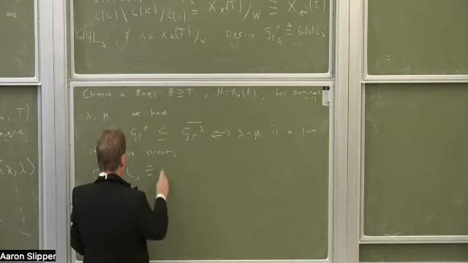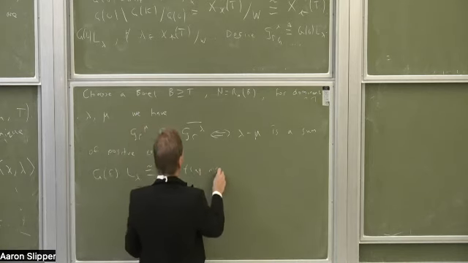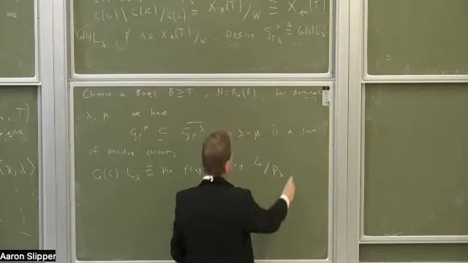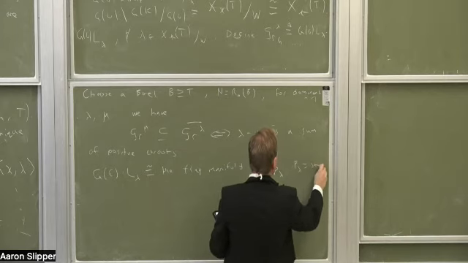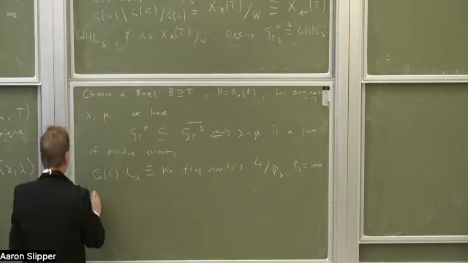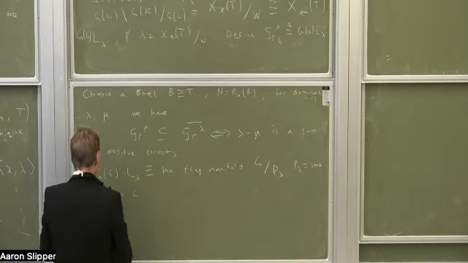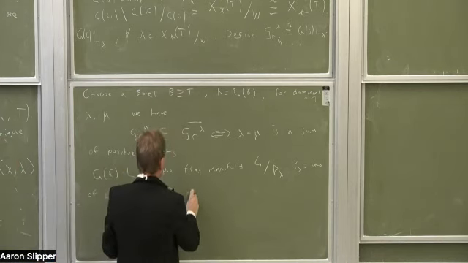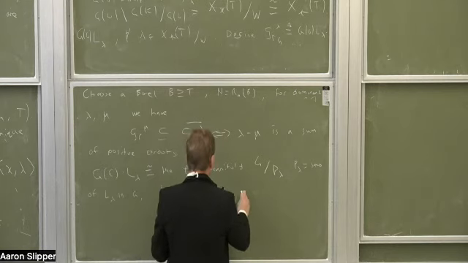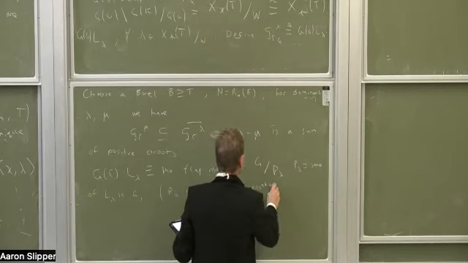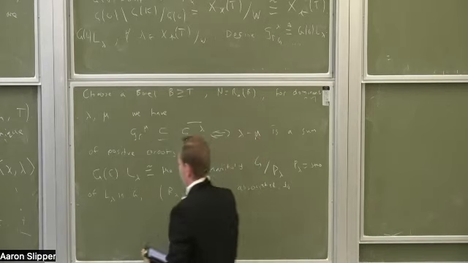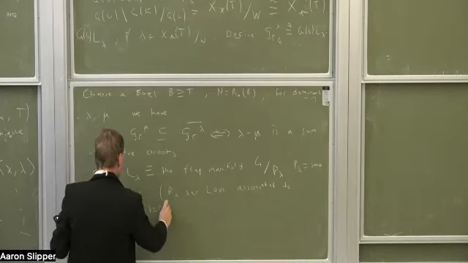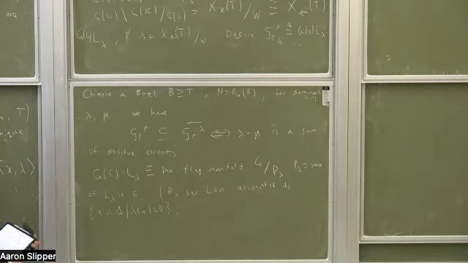This is isomorphic to the flag manifold G mod P lambda, where P lambda is the stabilizer of L lambda in G. It is a parabolic group whose Levi factor is associated to the set of simple roots killed by lambda.